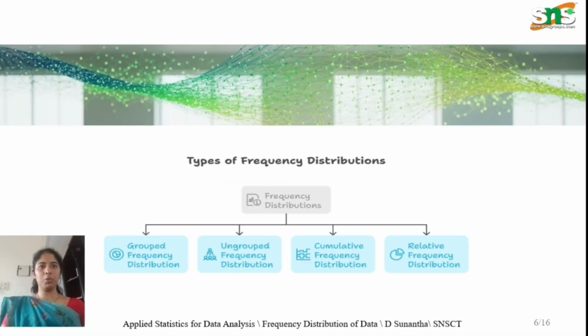So here are the types of distributions. First we can see grouped, ungrouped, cumulative and relative. An ungrouped frequency distribution is used when a data set contains only a few distinct values, like 2, 3, 3, 4, 5, 5, 5, like this. Next, grouped frequency: when a data set becomes very large, listing every value individually becomes impractical.